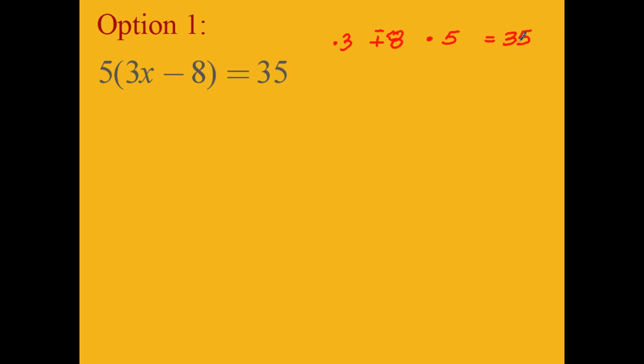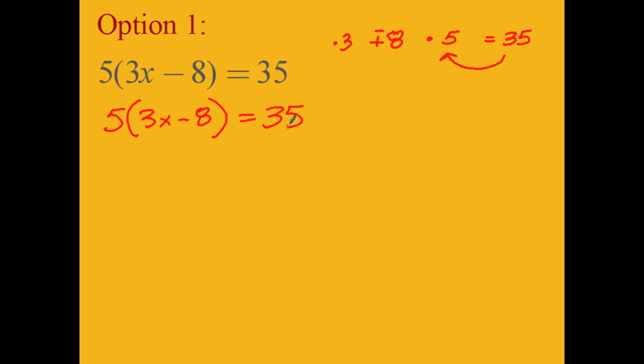Okay, so let's try this first. If I'm going to undo this, I'm going to start here and go back. What I'm going to do is divide by 5. I'm going to rewrite it. So I have 5 times 3x minus 8 is equal to 35.